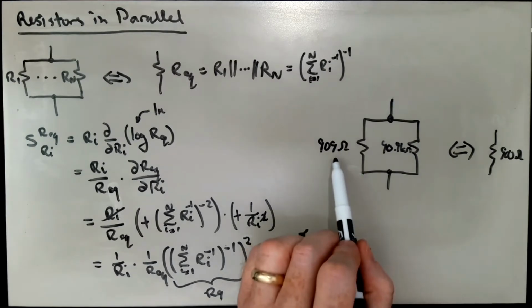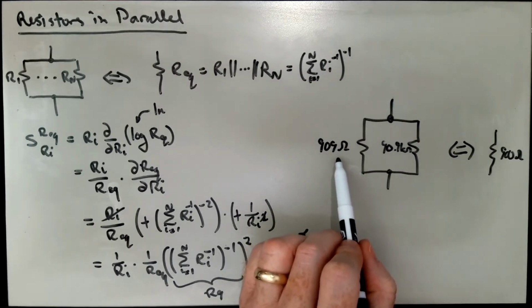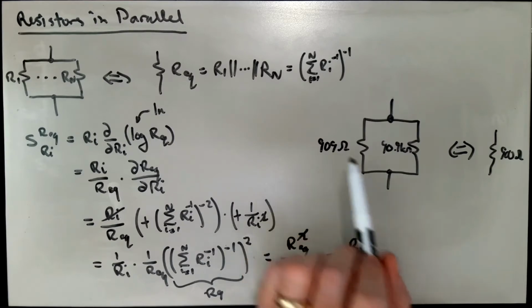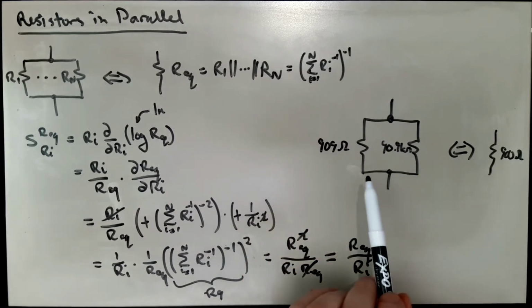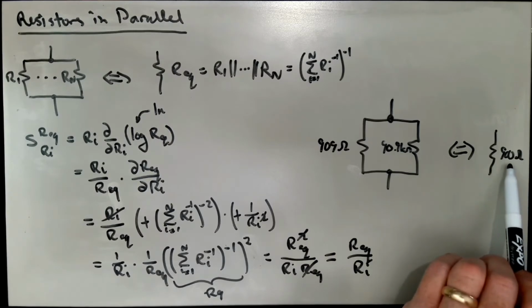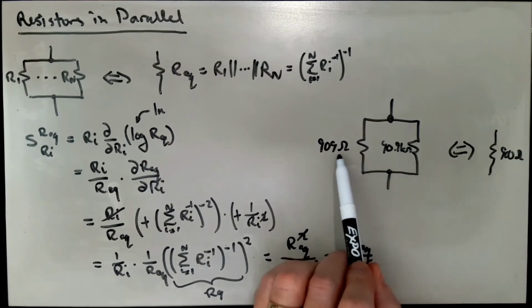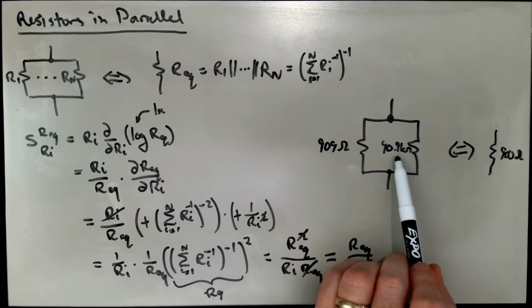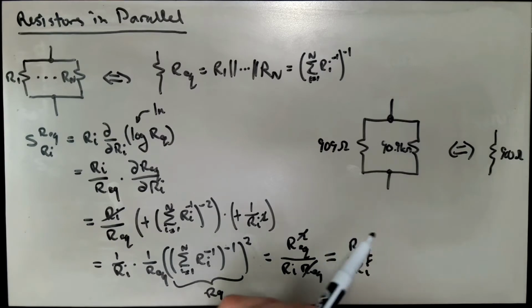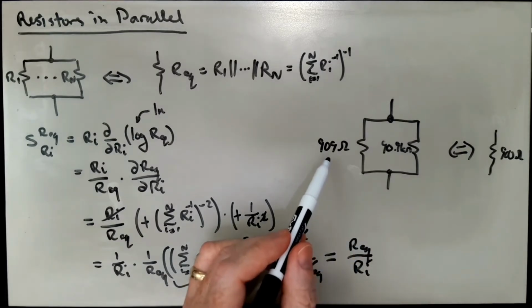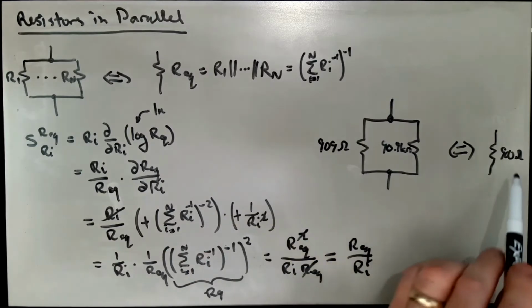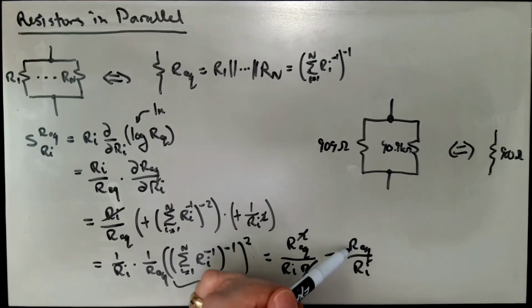And so if we like, we can look at what is the contribution of the per unit variation in this 909 ohm resistor to the 900 ohm equivalent resistance's per unit variation, and what is its sensitivity to per unit variation in the 90.9K ohm resistor. Well, for the 909 ohm resistor, it's going to be weighted by 900 divided by 909, which is pretty close to 1.